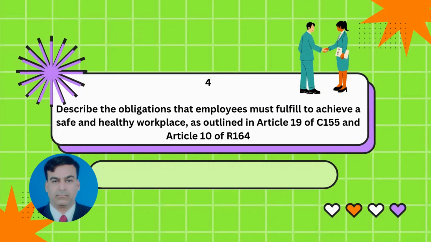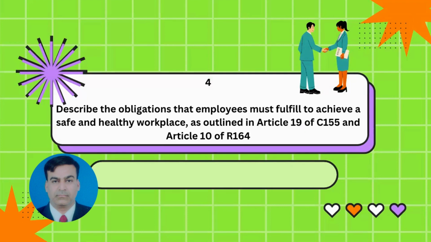By cooperating with their employers, workers can contribute to creating and maintaining a safe working environment. This cooperation may involve following safety instructions and procedures. Workers should comply with the safety instructions and procedures provided by their employer. This includes using safety equipment correctly and adhering to established safety protocols.